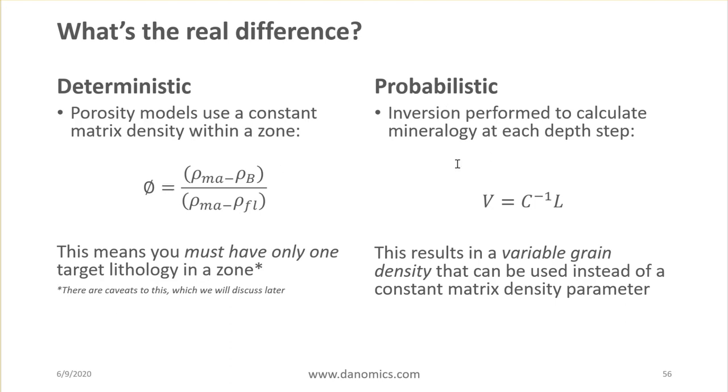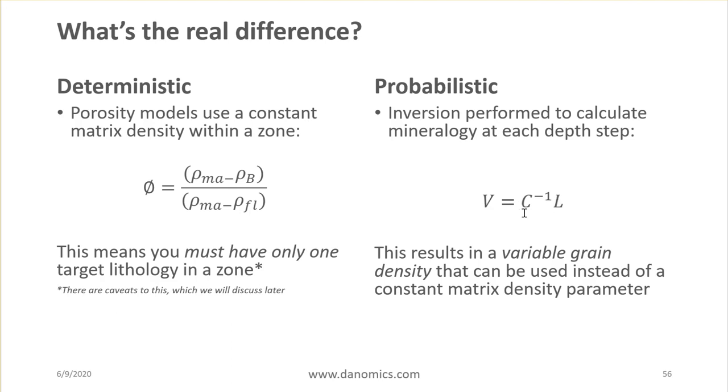The matrix density needs to be unchanging across the zone in order for your bulk density to reflect your porosity accurately. Now, in the probabilistic workflow, we say that the volume of the minerals is equal to an inverse of our mineral properties matrix times a matrix of our logs.